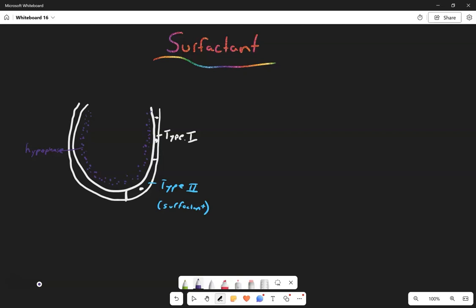The hypophase. All right? And it's made of water, right? It's an aqueous layer. And so what happens is air comes in here and it sort of pushes this alveolus away and sort of opens it up.